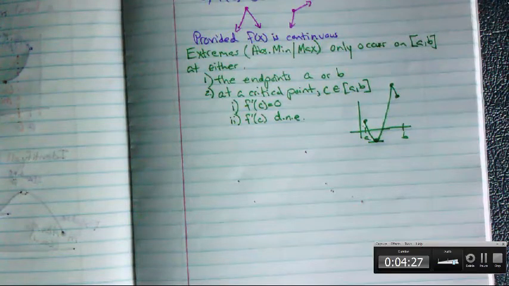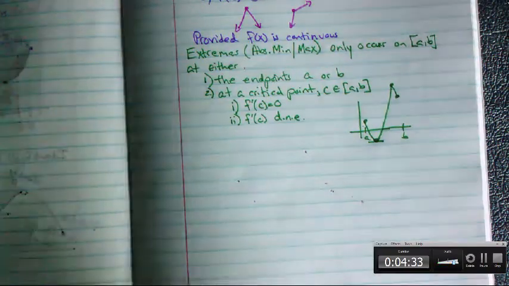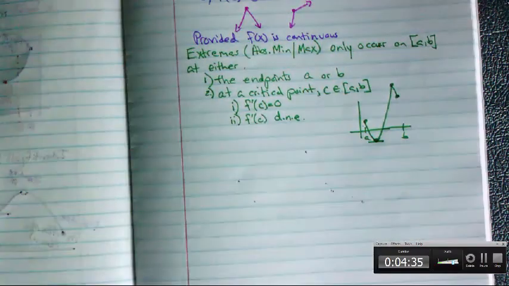Does that make sense? Okay. So, with that said, that gives us a method of finding the highest point and the lowest point of a function on a given interval.